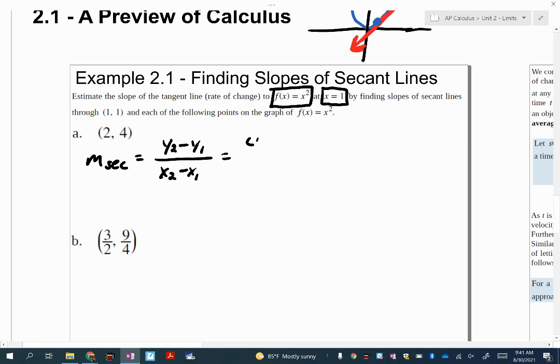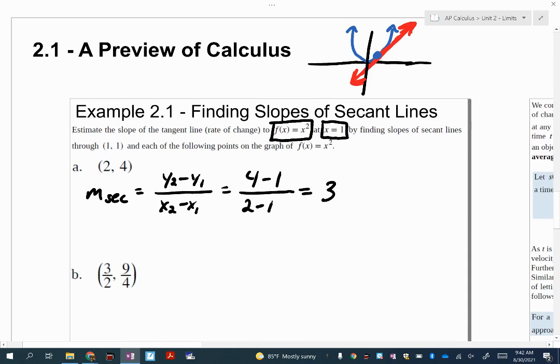So that's going to be 4 minus 1 over 2 minus 1. So that's going to be 3 over 1, which is 3. So right now, if I use the point 2, 4 to estimate the slope of the secant line, we're estimating the slope of the tangent line to be 3.